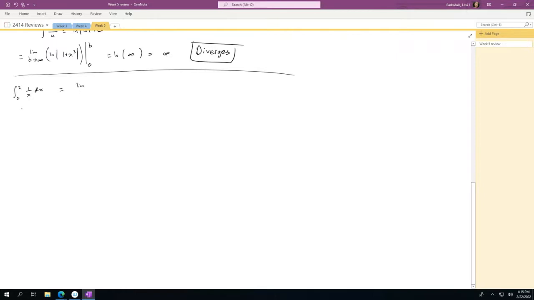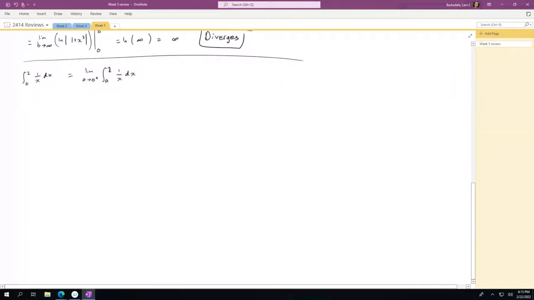In this case, I have an asymptote at 0. So I replace my asymptote with some kind of limit statement. You'll notice in this case, I'm only approaching this point from the positive direction, so I'm specifying that in my limit. Now I can go ahead and perform my integration.